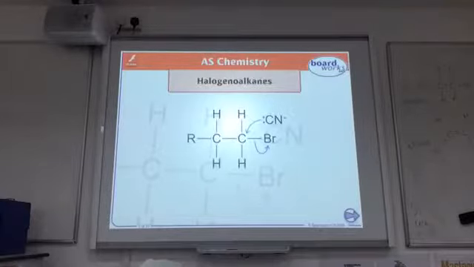Electrophilic addition, exactly. So free radical is free radical substitution for alkanes. So free radical substitution we've done, and electrophilic addition. There is another mechanism that comes up in this topic as well. There's only 3 mechanisms for the whole of Year 12 chemistry, and we're almost done with them already.